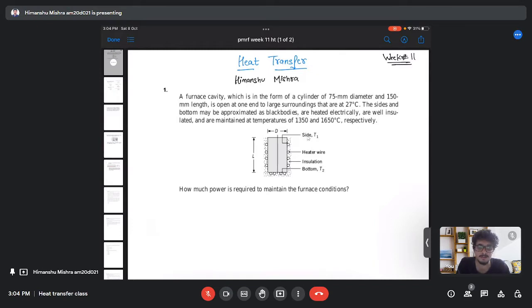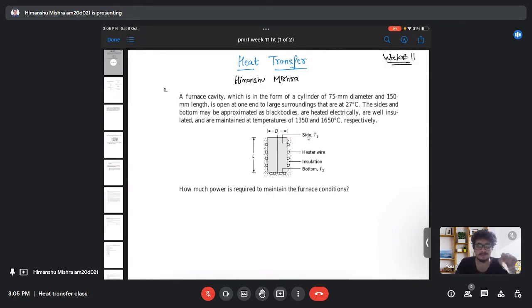In the last week, I discussed some questions related to basic heat transfer, as well as recapped a few questions related to heat exchangers from the NTU principle. So this week we will be discussing some questions related to view factors and how heat transfer due to radiation takes place if we have arbitrary surfaces oriented in arbitrary directions.